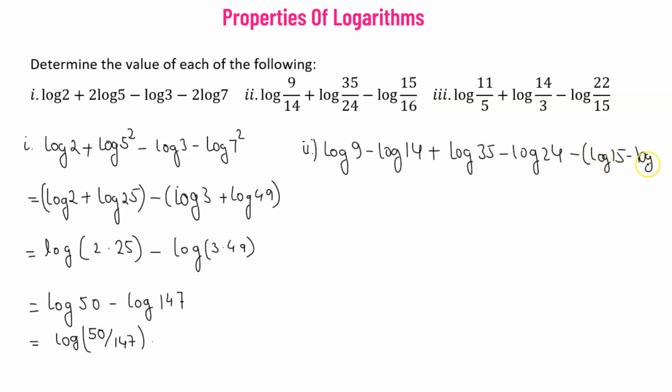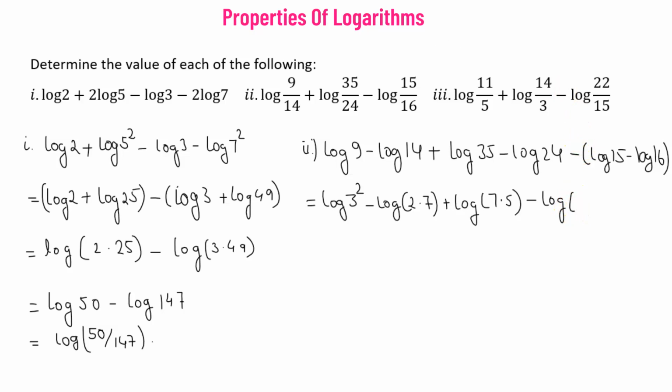minus log of 16. So this is equal to, so we have log of 9. So log of 9 will be log of 3 squared minus log of 14. So 14 is 2 times 7, plus log of 35. So our 35 is 7 times 5, minus log of 24. So 24, we have to find out the factors of 24.